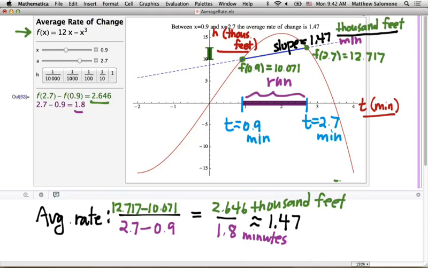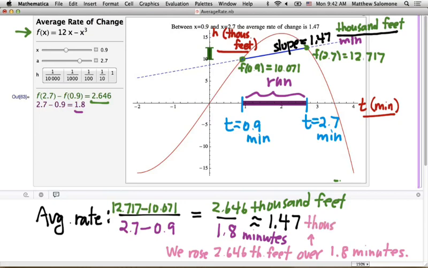Because after all, the rise and the run had a meaning of their own, right? We rose by 2.646 thousand feet over a period of time that measures 1.8 minutes. That's what the rise and the run meant in this instance. And so once we've divided those two together, our rate also had its units divide.